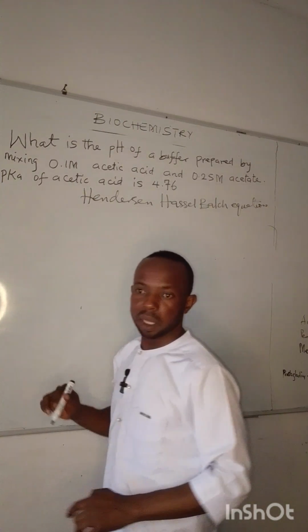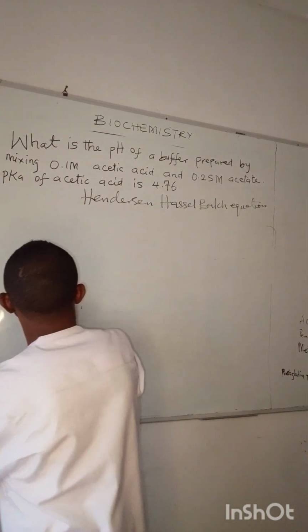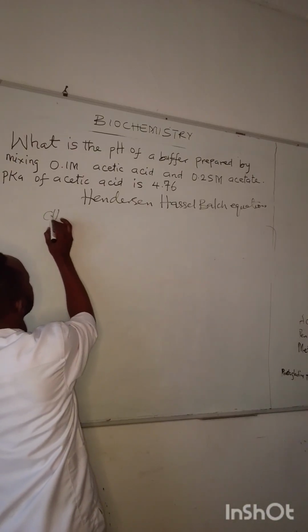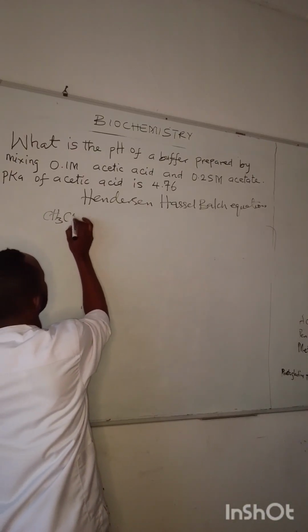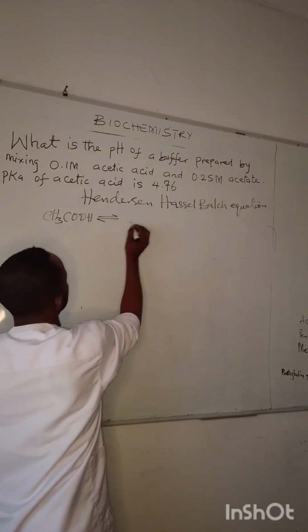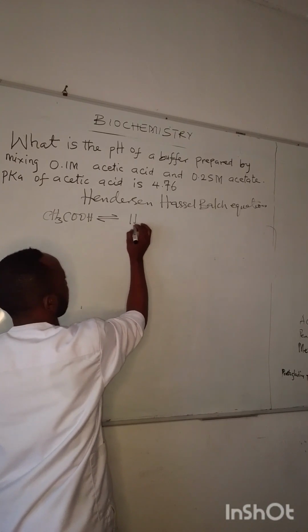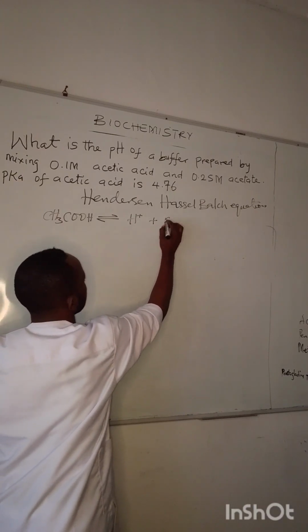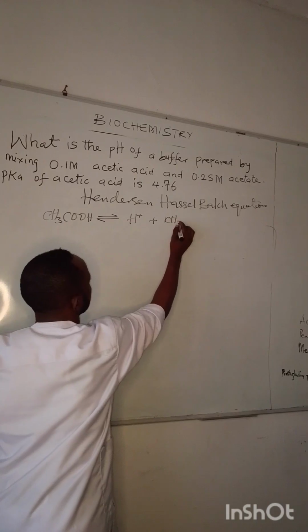Now, this formula is generated from acetic acid dissociating into hydrogen ion and acetate ion.